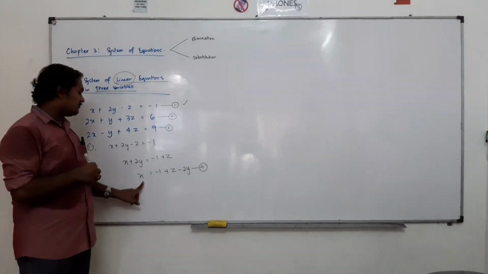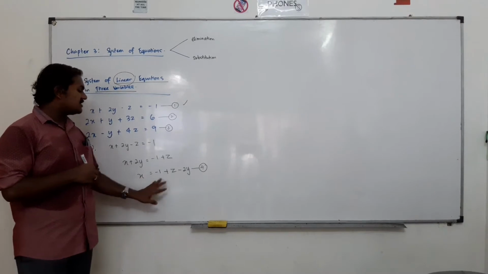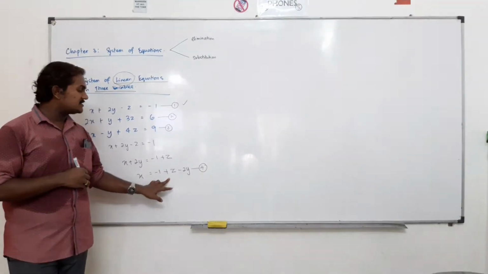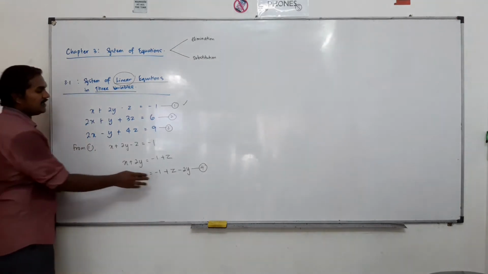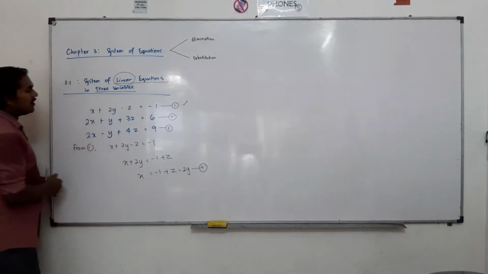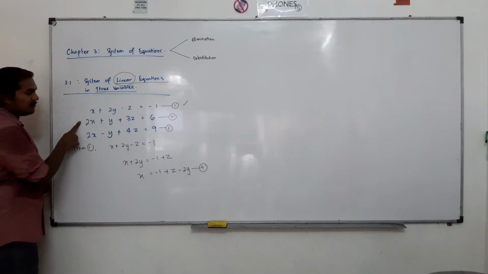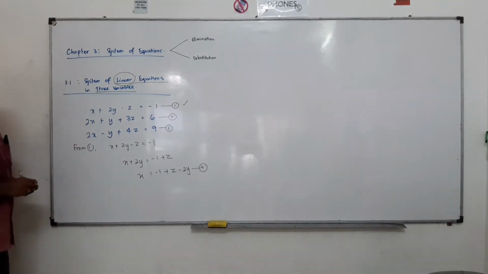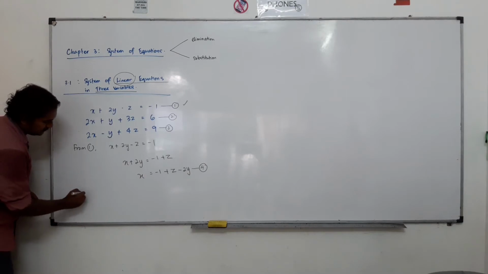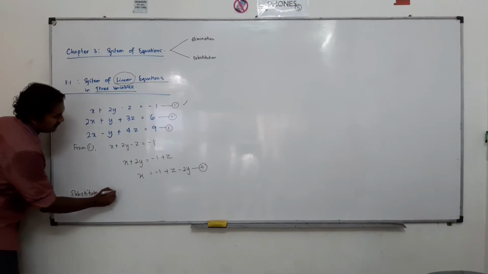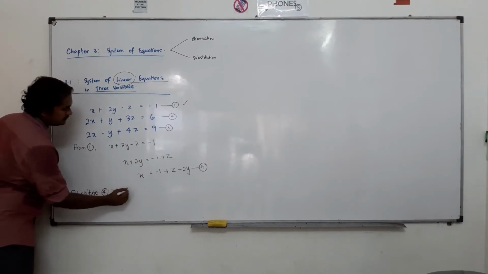According to equation number 4, x equals negative 1 plus z minus 2y. We are going to take equation number 4 and substitute it into equation number 2 and equation number 3. Example, substitute 4 into 2.